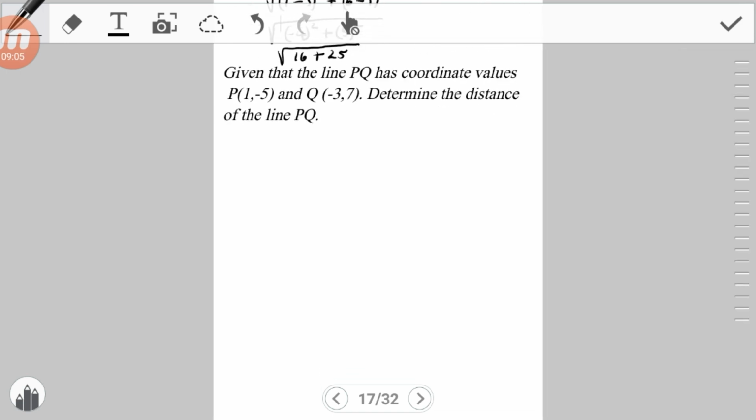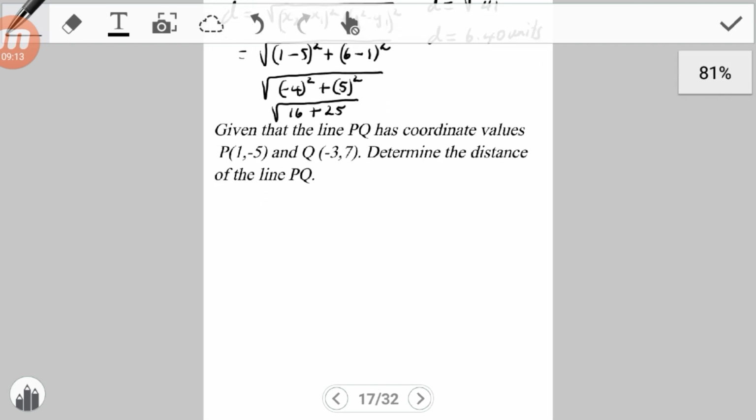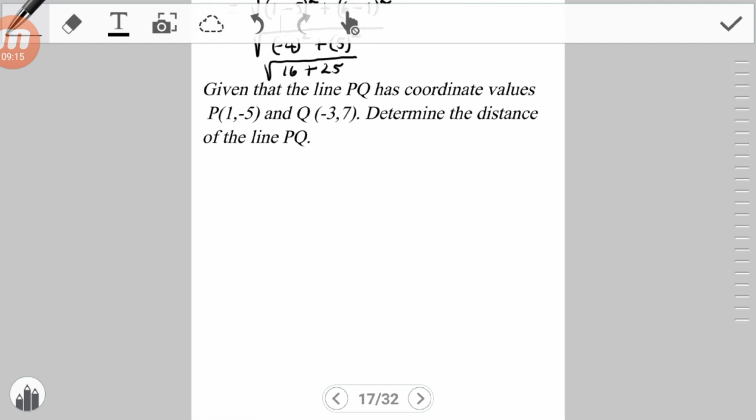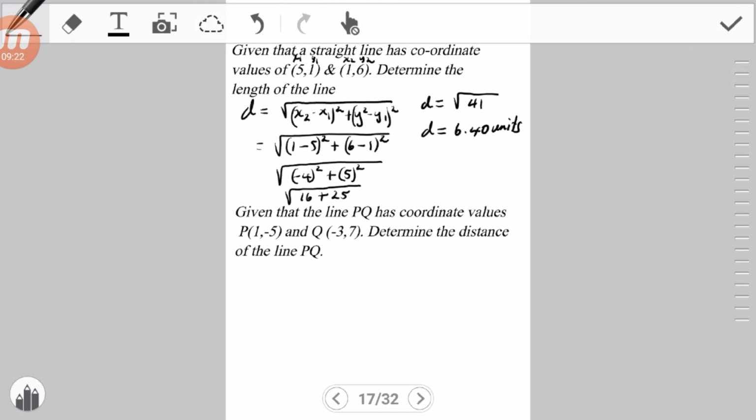Given that the line PQ has coordinate values 1, -5 and -3, 7, we have to determine the distance of the line. So sometimes we'll refer to it as the distance of the line, sometimes as the length of the line.